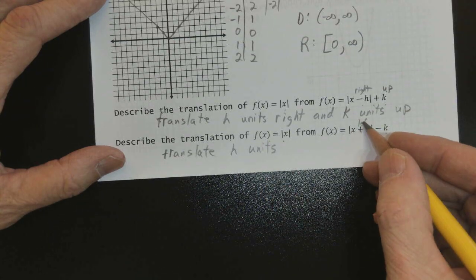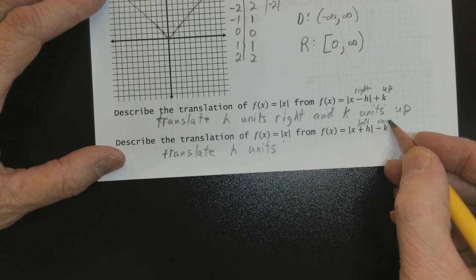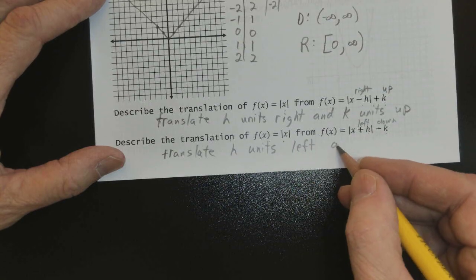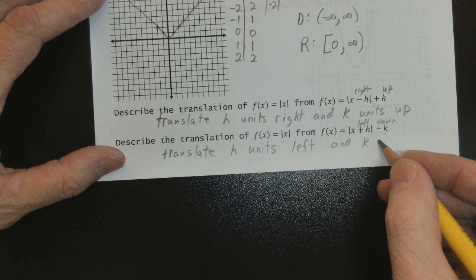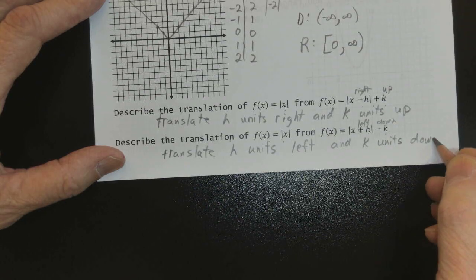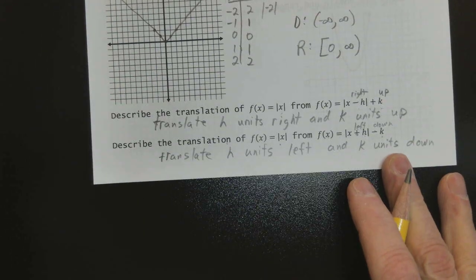Left. What's this one? Down. K units down. H units left and k units down. Okay. Any questions there? So far, so good? Just the general on translations.